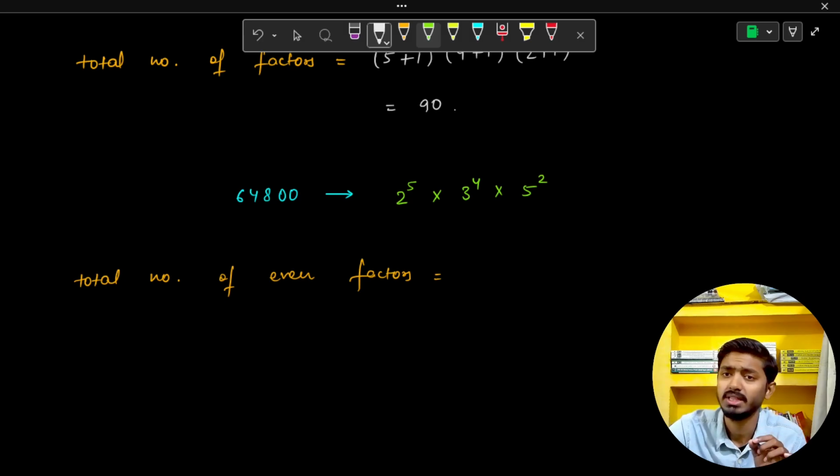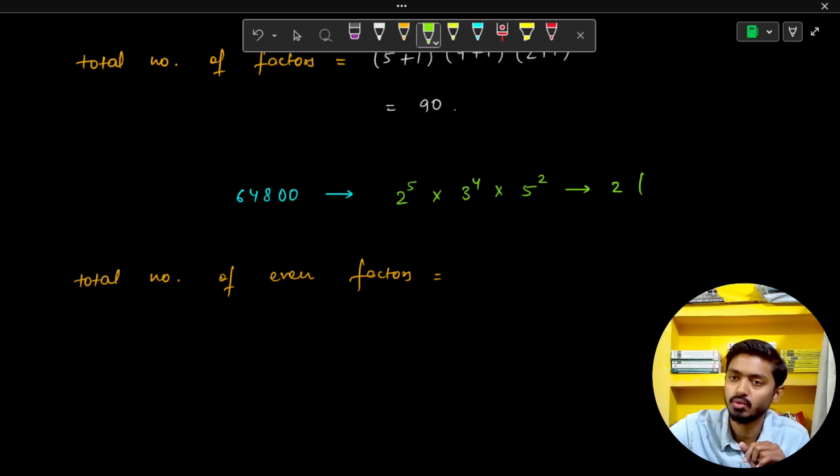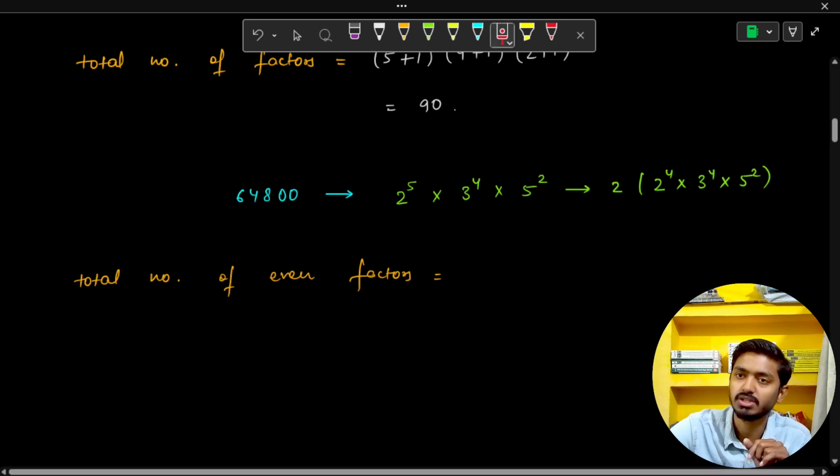We know that any number can be considered even if it just has one factor as 2. So what we do is we take 2 out of the equation. We say 2 to the power 4, 3 to the power 4 and 5 to the power 2. We just took one of the 2s out so as to make any factor even.